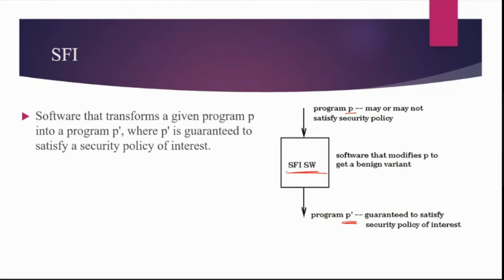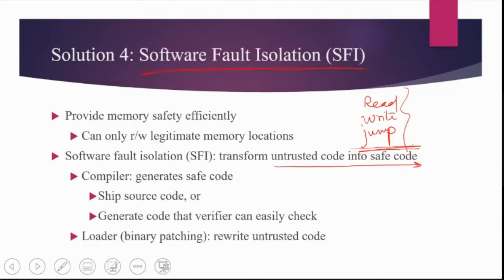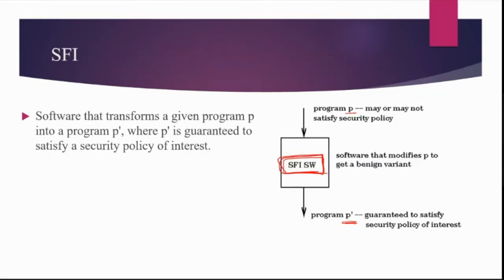And how can we do that? It is a two-step process. First, the compiler will generate the safe code. We will see how the safe code is generated. Then the loader will rewrite the untrusted code with the safe code generated by the compiler.